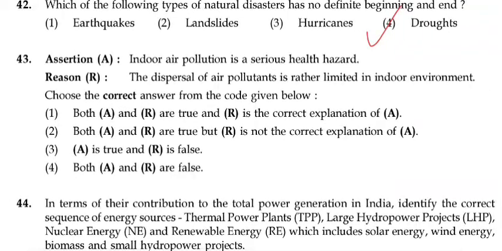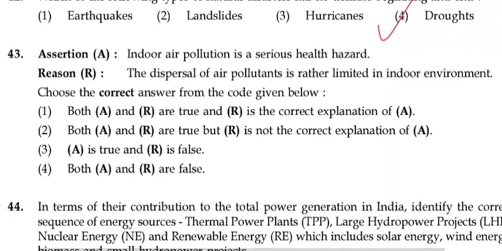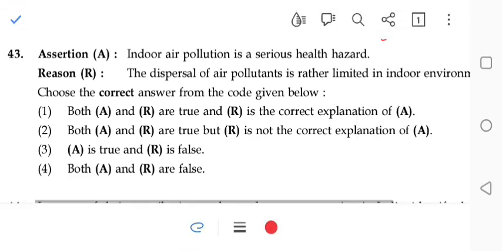Reason is saying the dispersal of air pollutants is rather limited in indoor environment. Please read the options by yourself. For 43, the correct option will be both assertion and reason are true, and reason is the correct explanation of assertion.